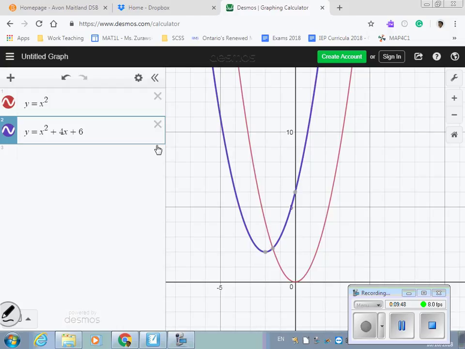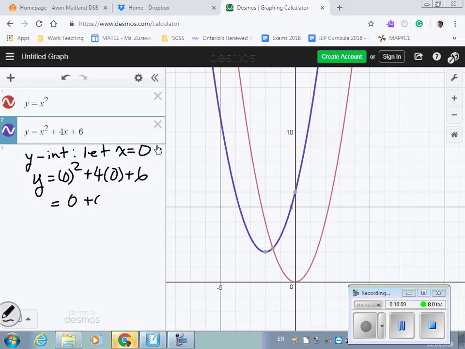Because if you think about it, if I wanted to find the y-intercept, what we'd do is we'd let x equals 0. And we end up with something like this. y is equal to 0 squared plus 4 times 0 plus 6. So 0 plus 0 plus 6. So therefore the y-intercept is equal to 6 in that case, which is what we expect on our graph here.